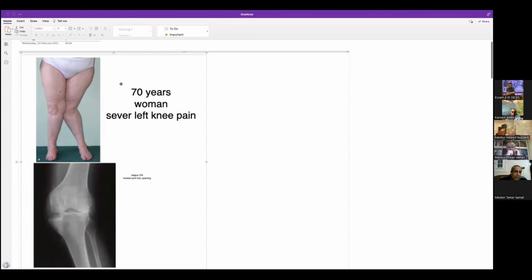Okay, so she's limping, and she's using. Then I need to examine to assess whether this valgus deformity is reducible or not, the flexion extension range. I need to assess also the neurovascular status of the limb. Okay.